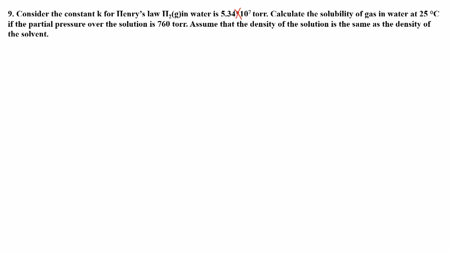Assume the density of the solution is the same as the density of the solvent. So here X2, we know, is N2 by N1 plus N2. When N2 is very small compared to N1, we write X2 as N2 by N1.